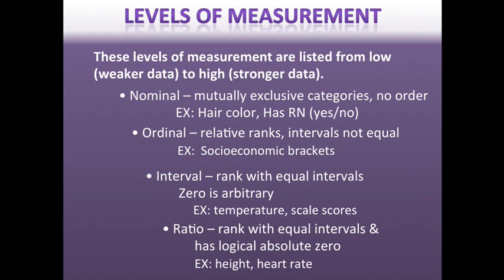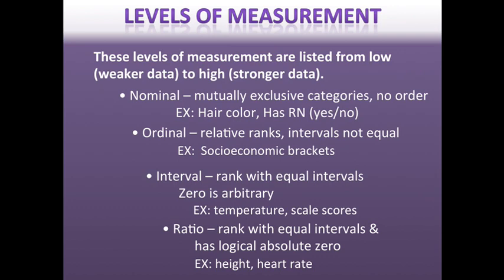All right. So these levels of measurement are listed from the weaker data, the less precise data, up to the stronger data, the more precise data. So the nominal data is sort of the basic level of data, and that is really typically binary data or unordered data. All right. So things like, do you have an RN?